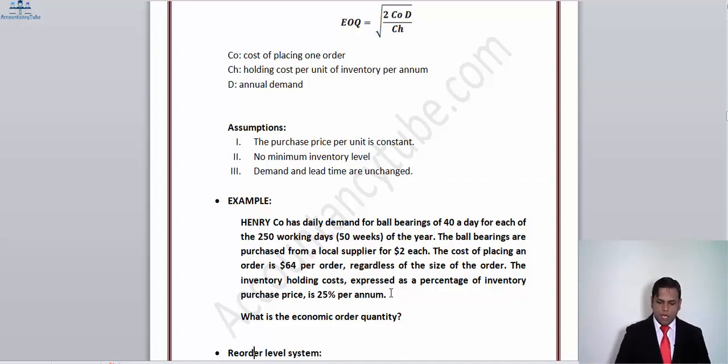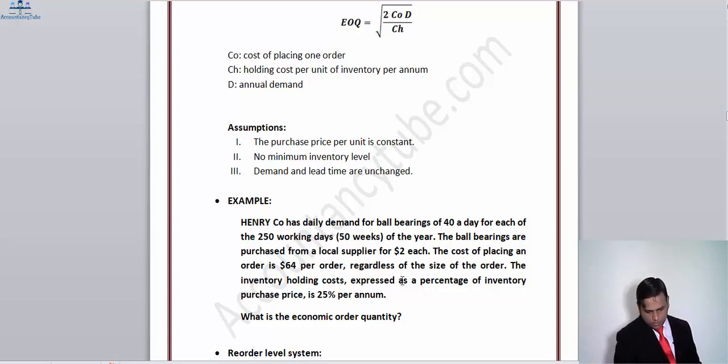The ball bearings are purchased from a local supplier for $2 each. That is our purchasing cost. The cost of placing one order is $64. That is our ordering cost. Regardless of the size of the order, the inventory holding cost, expressed as a percentage of inventory purchasing price, is 25% per annum. What is the economic order quantity?